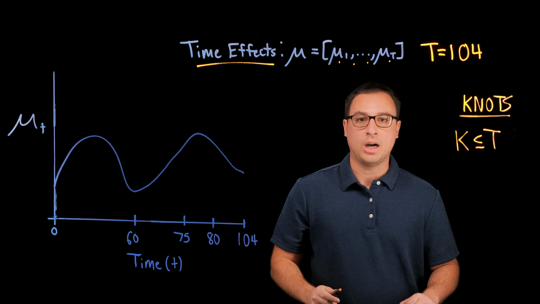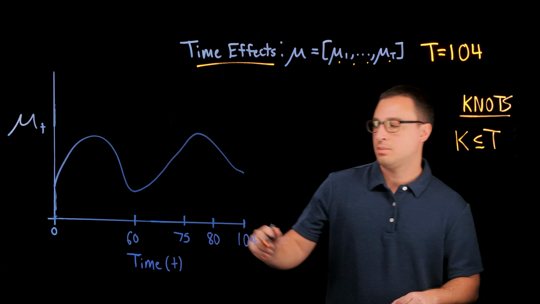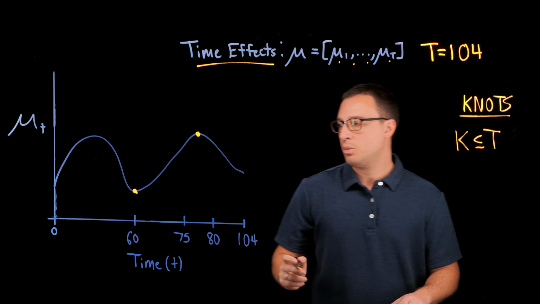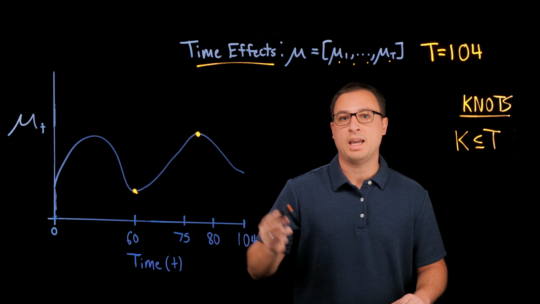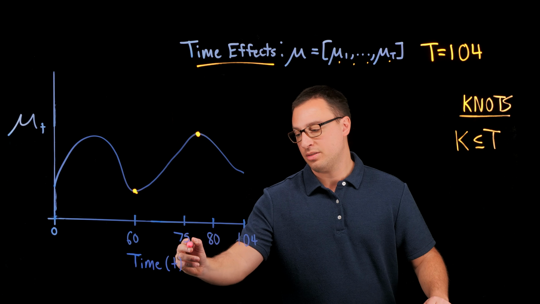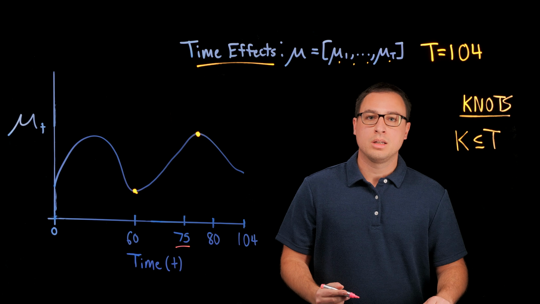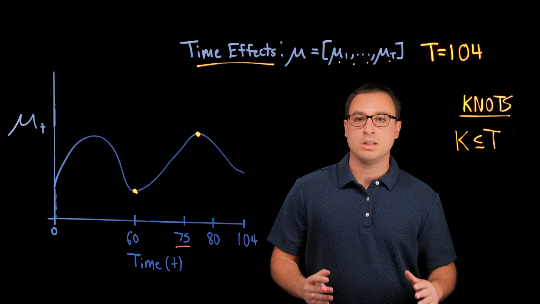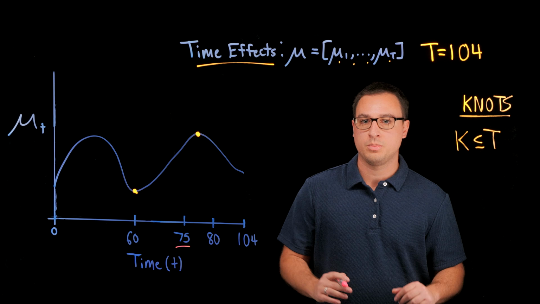Let's look at the math of how we fill in the gaps. Imagine we have a knot at week 60 and week 80. We need to estimate the time effect for week 75. Since there's no knot there, the model looks at the neighboring knots and calculates a weighted average based on distance.